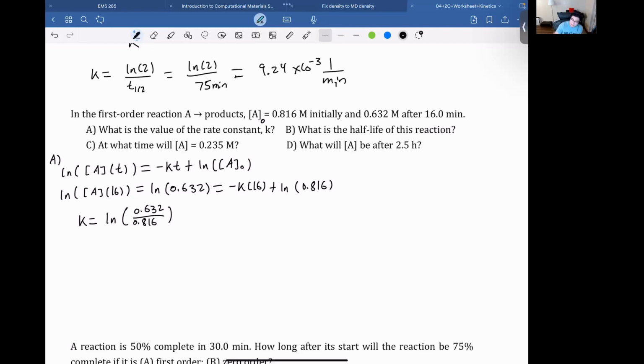You can also just plug into your calculator. You don't have to do this, but I am doing it to make this neater. Divided by -16. And then when you plug this all in, you end up getting 0.01597, in units of inverse minutes, or 1/minutes.